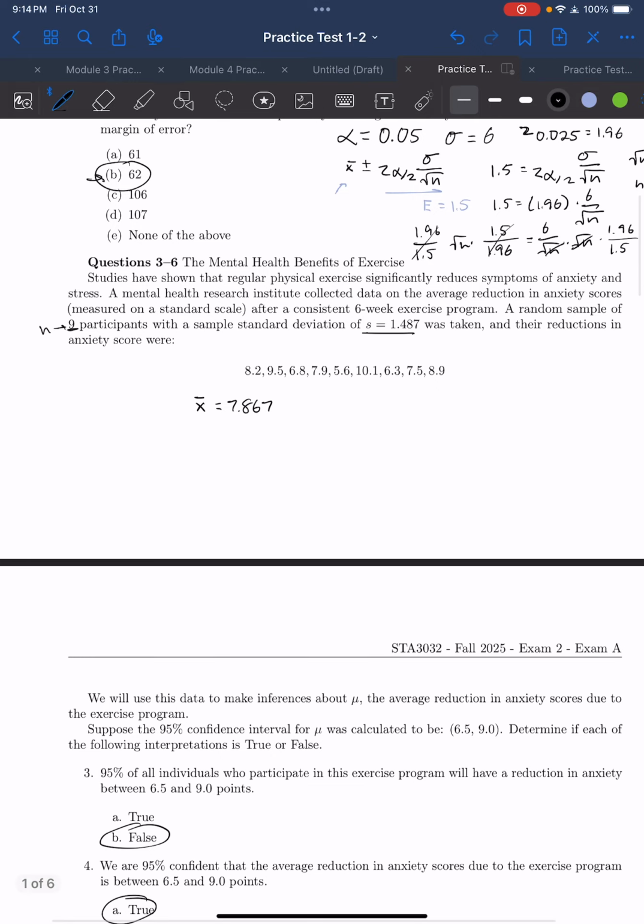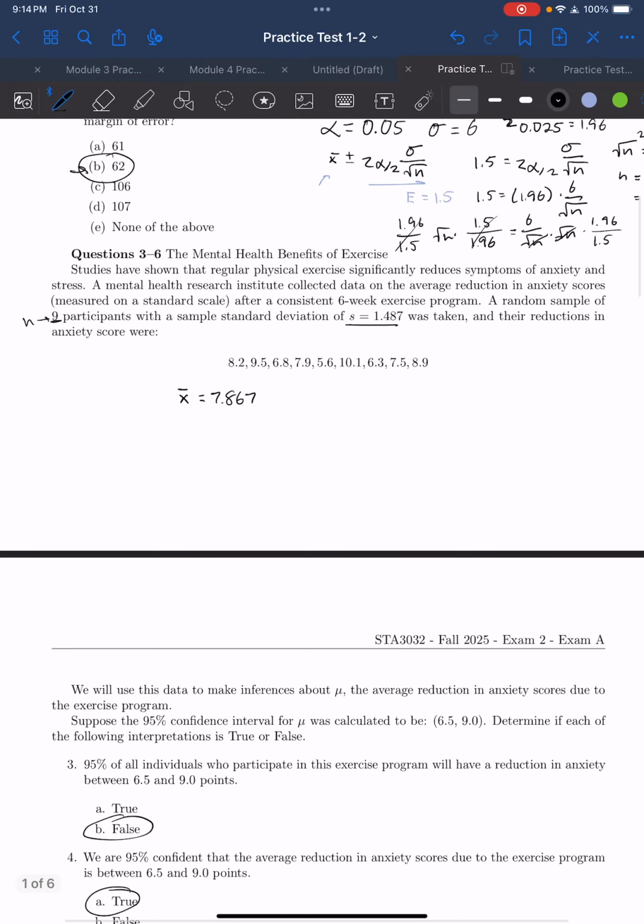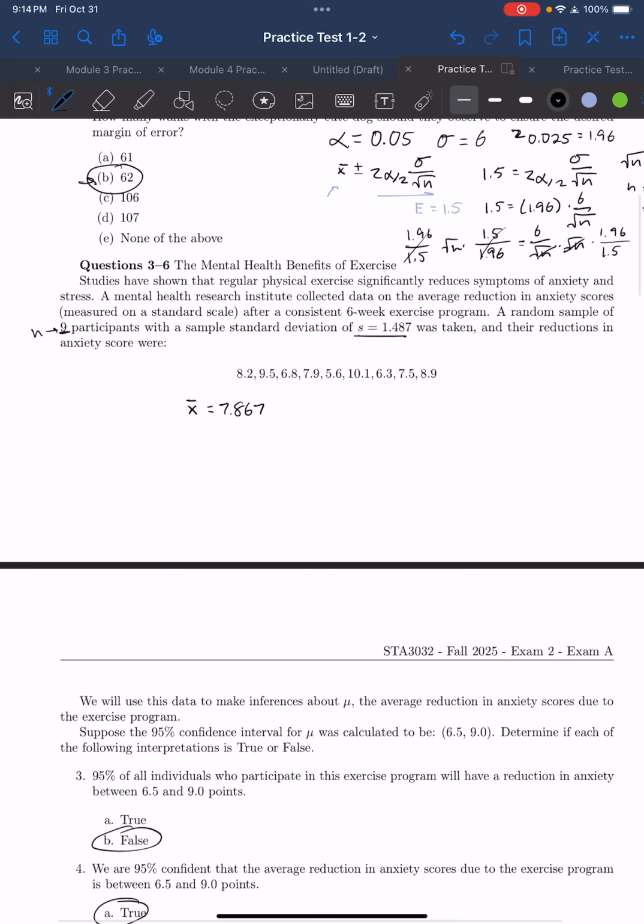Now we want to find our confidence interval. We aren't given our population standard deviation, so we have to solve with an unknown standard deviation.